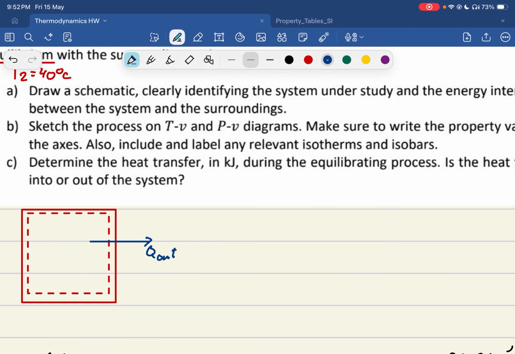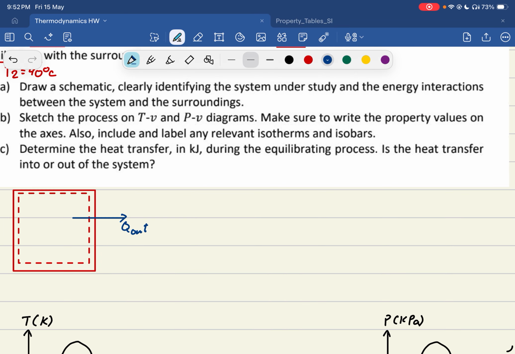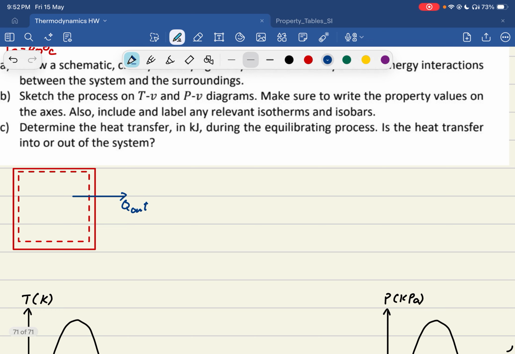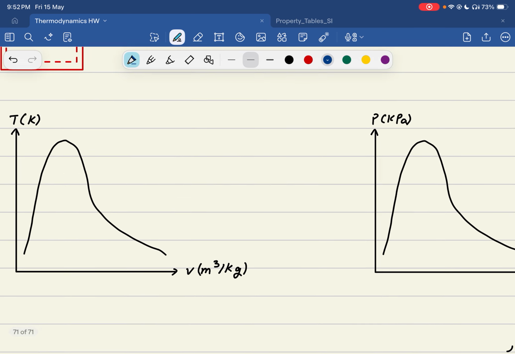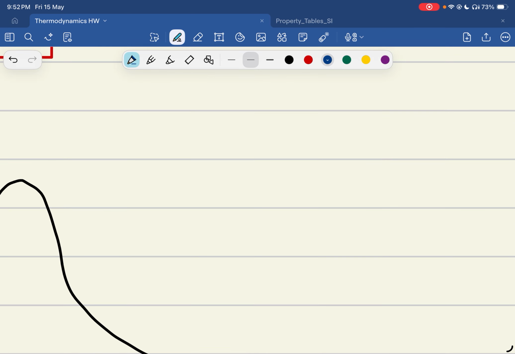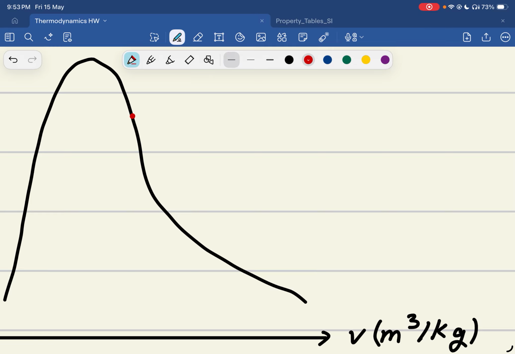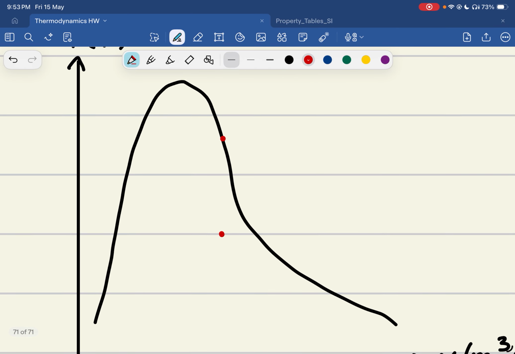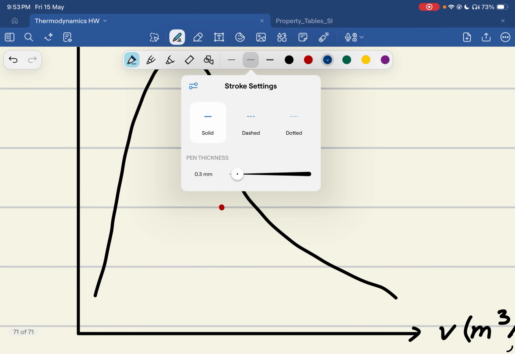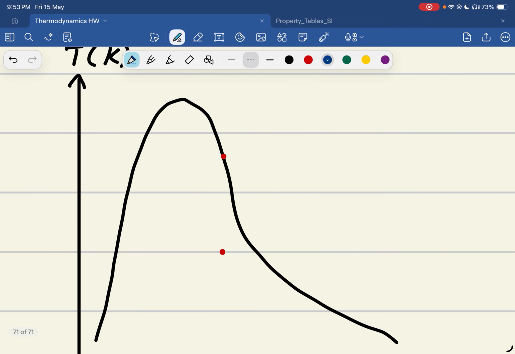Now for the T-v and P-v diagrams, we know the specific volumes are all the same because it's a closed system and the mass is not changing. We start at a saturated vapor, so we start at this line and go down because the temperature is decreasing, and we draw our isobars, which start from the bottom.